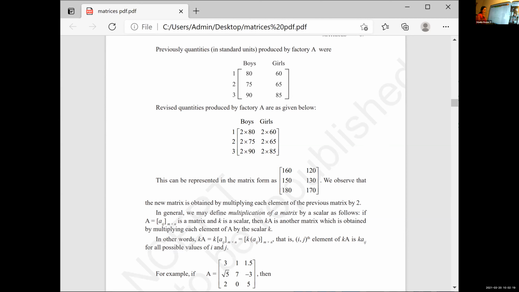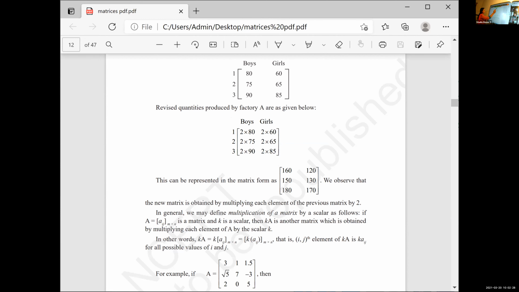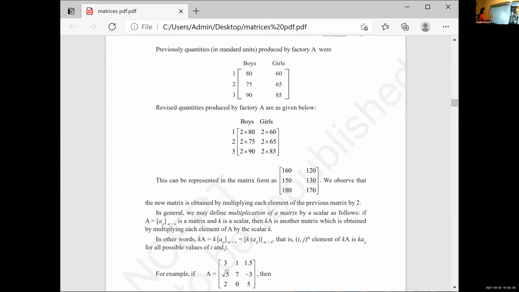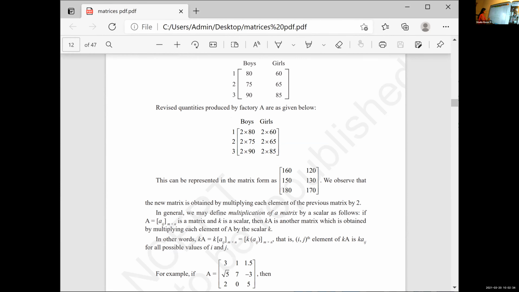This is what we call multiplication of a matrix by a scalar. We multiply each entry of the matrix by a non-zero real number. So what is multiplication by a scalar? We define the multiplication of a matrix by a scalar as follows.